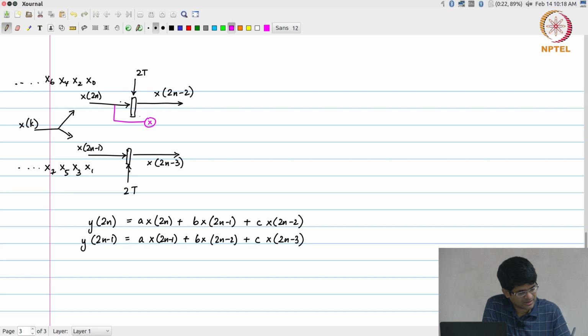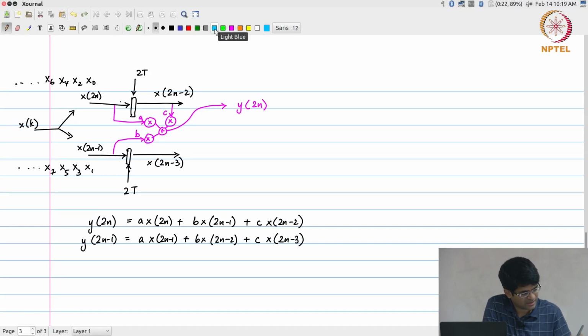Multiply this by a, this by b, this by c, okay, and add them up. I am just drawing one adder over here for simplicity. In reality, you will need a chain of two adders, and this basically generates y of 2n, okay.